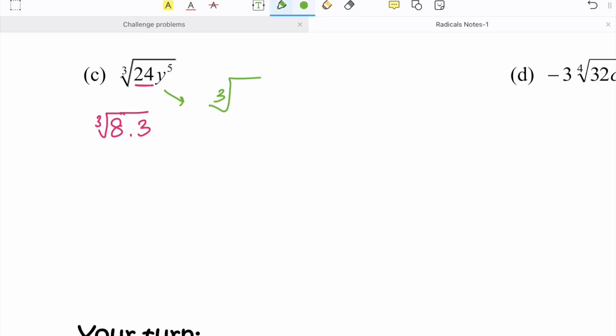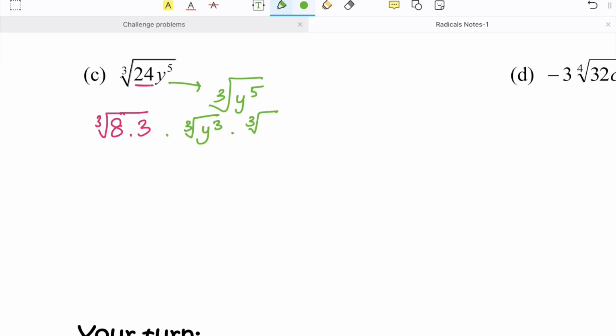What can it be split into? Good, 3 and 2. So y to the power of 3, cube root of y to the power of 2.